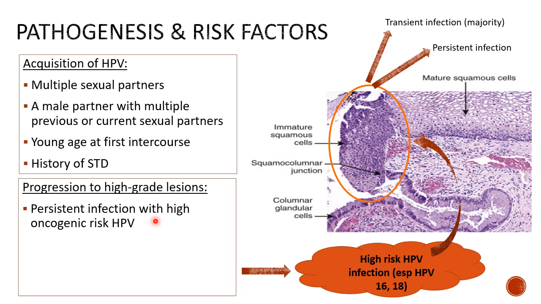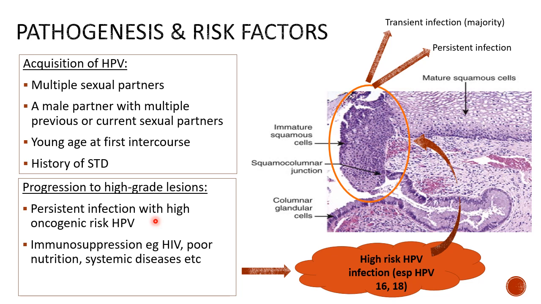Persistent infection means the body can't clear the infection by itself, or perhaps repeated infection if someone has exposure to multiple types of HPV, or repeated infection with the same serotype of HPV. This is all persistent infection and it increases the risk.